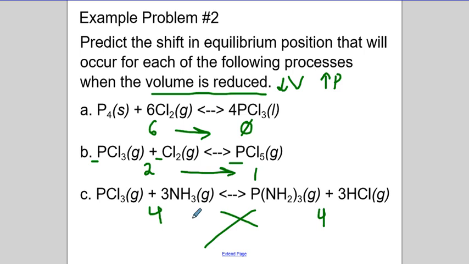Going this way is not going to relieve that pressure. Going this way is not going to relieve that pressure. So nothing's going to happen. It's just going to exist still at equilibrium at a higher pressure. And that's pretty much it. So again, when volume and pressure are involved, we have to look at how much gas is on each side to decide which way it's going to go.